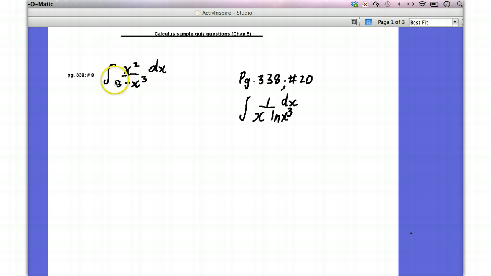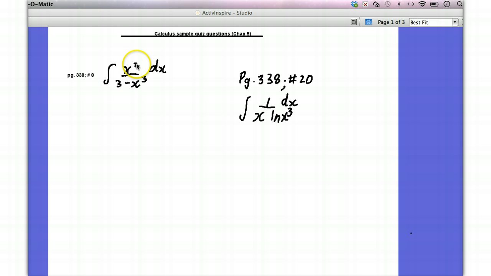Therefore, if we set u equal to 3 minus x cubed, when we do the derivative in terms of du, it's going to be equal to x squared dx. Again, this being 1 degree higher than the numerator, when we do the derivative, we're going to get x squared dx. Then we'll be able to substitute also for x squared dx. So that's how you judge.